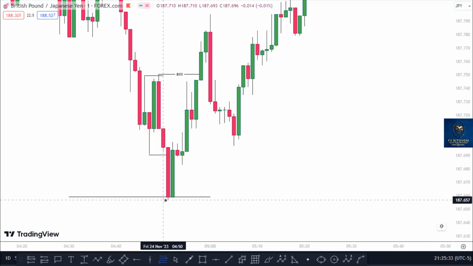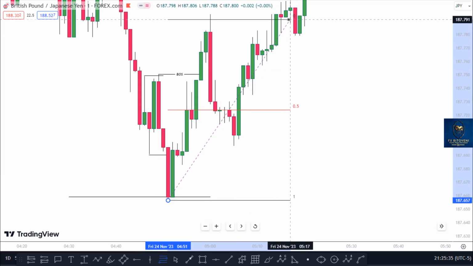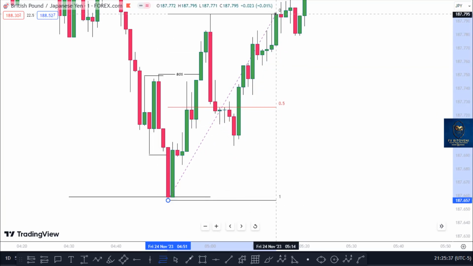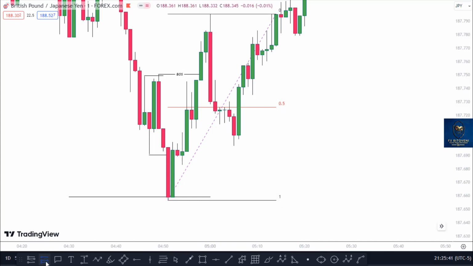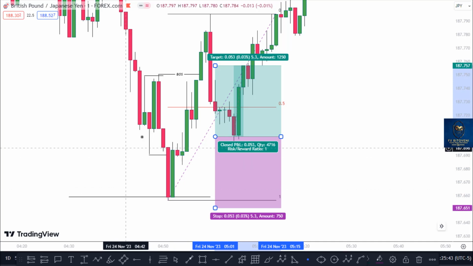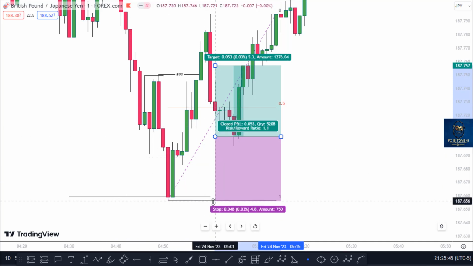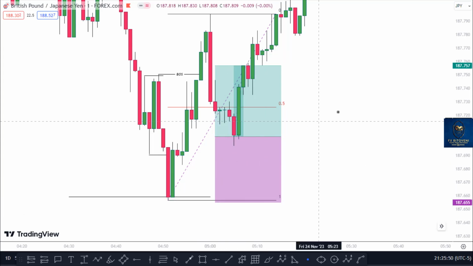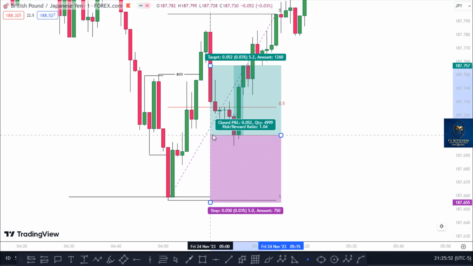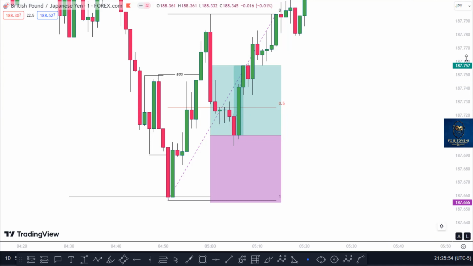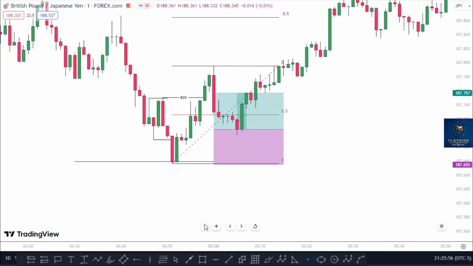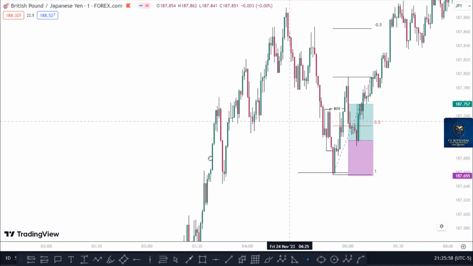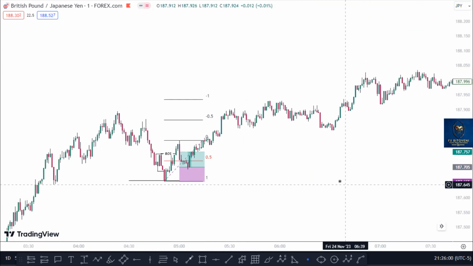You calculate 50% of your range, and then you are buying. How many setups are we done seeing? 4 pips of stop loss, 5 pips somehow. So 5 pips, right? You see that this is your 4-hour candle.